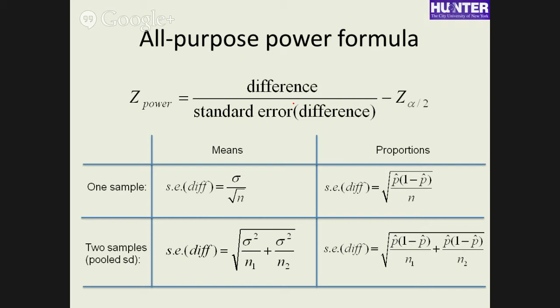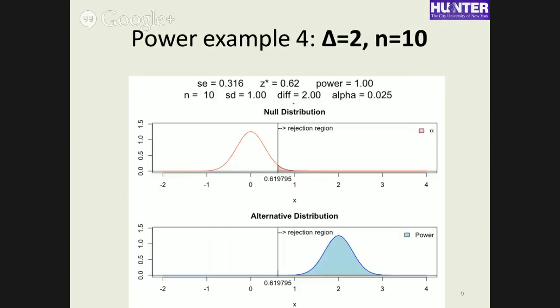It's this difference in means divided by the standard error of that difference in means, minus... it's the difference, in this case, 2 minus 0, divided by the standard error, which is, in this case, 1 over the square root of 10.